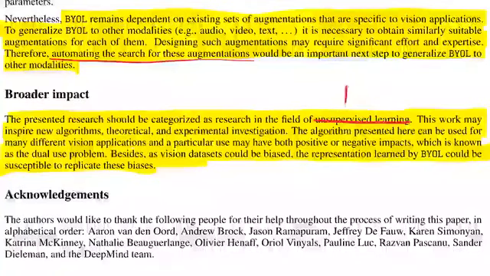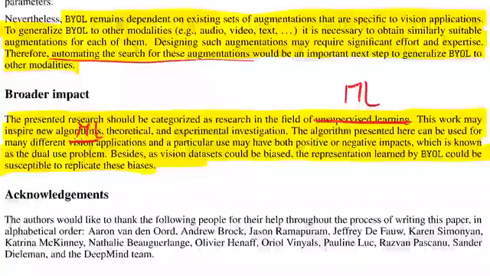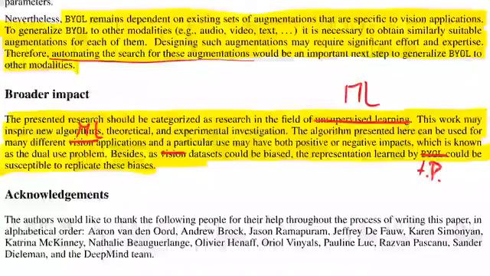Machine learning. This work may inspire new algorithms? Yes. The algorithm presented here can be used for many different machine learning applications, and a particular use may have both negative? Yes. Besides, as data sets could be biased, the representation learned by this paper could be susceptible to replicate these biases.